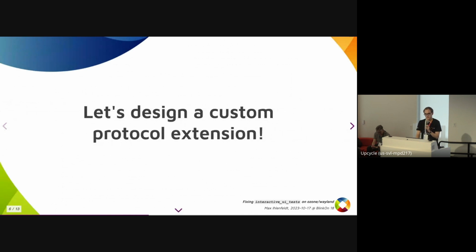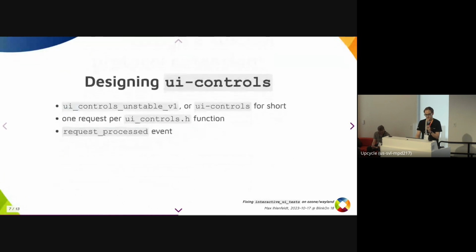So we wanted to fix this by designing our own custom protocol extension, which has a very creative name, as you can see. The intention is that it has almost the same semantics as all the functions in the UI controls header.